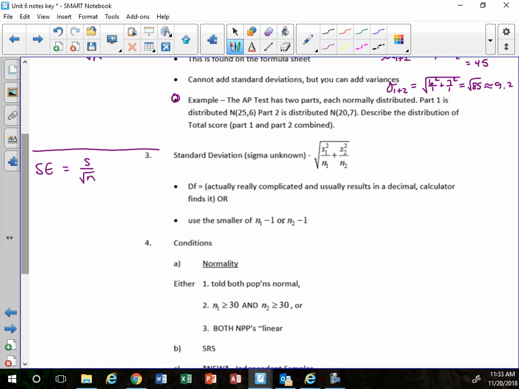So again, we're squaring, looking at the variances and adding those together of the two populations. Degrees of freedom, I'll show you two ways to do it. You can do it on your calculator, or you can just use the smaller of the two sample sizes for your n minus 1. Okay, it's slightly different, but that's the easiest way to go.